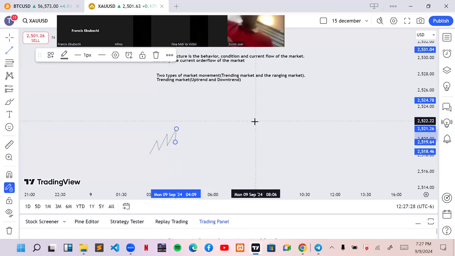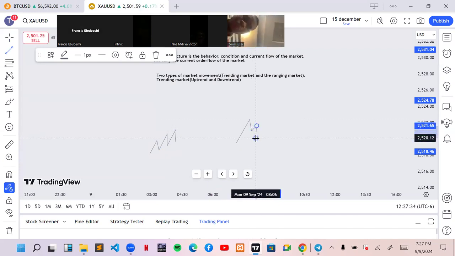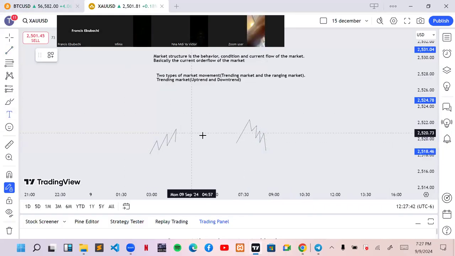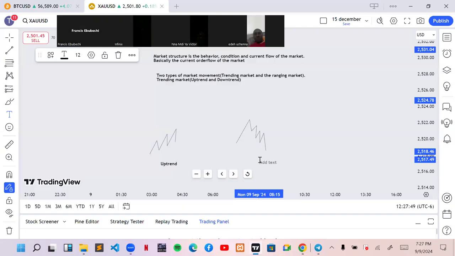This is an uptrend, and a downtrend is something like this. So this is an uptrend and this is a downtrend.